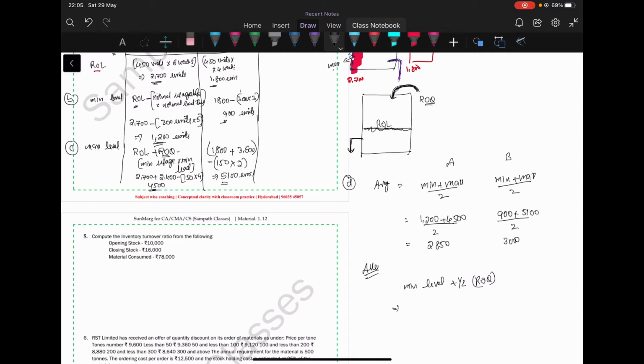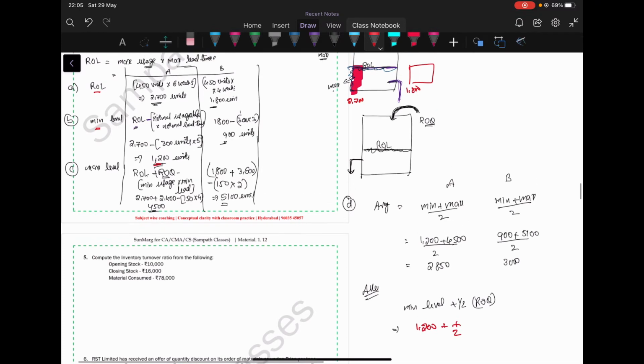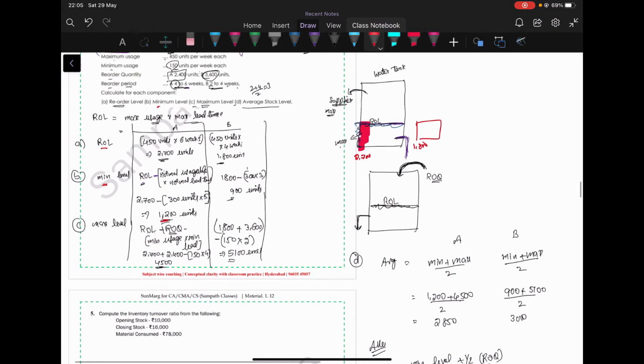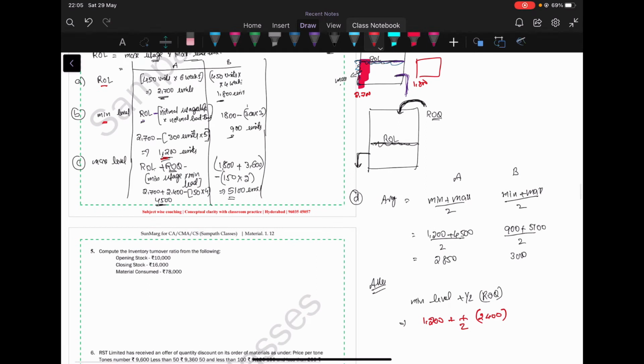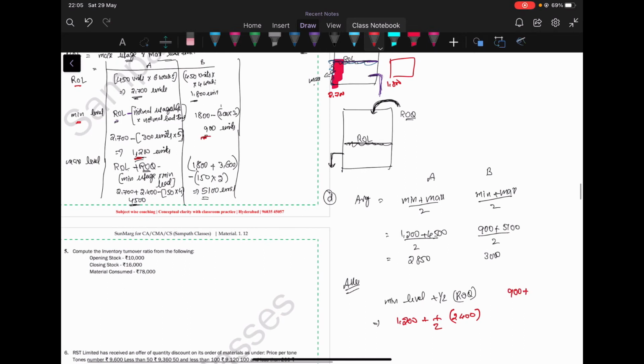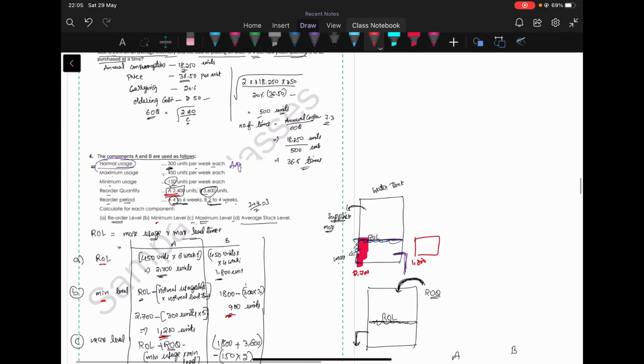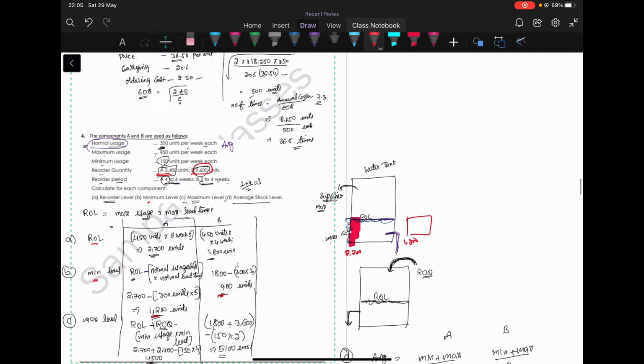What is the minimum level for the product A? I will take another color pen. Minimum level is 1200 plus half into reorder quantity. Reorder quantity given in the question is 2400 for the first one. For the second one, minimum level 900 plus half into reorder quantity given in the question. Reorder quantity is 3600.